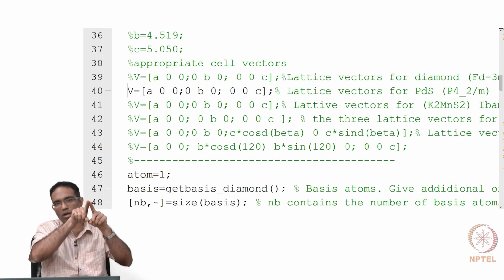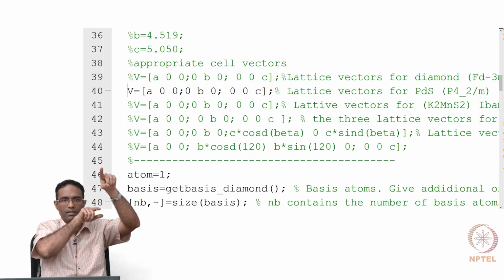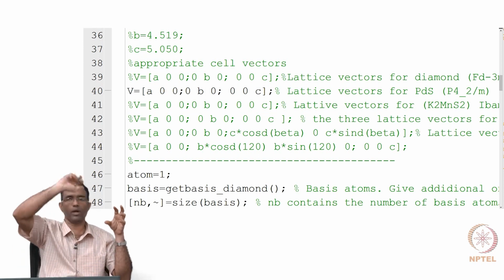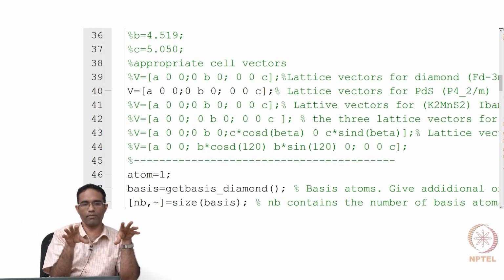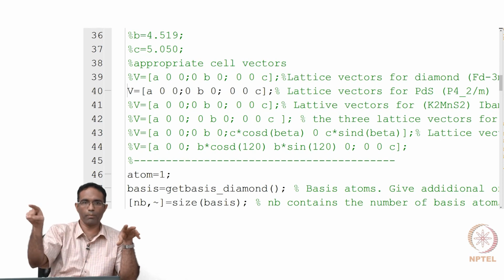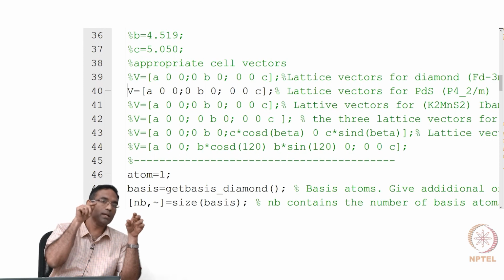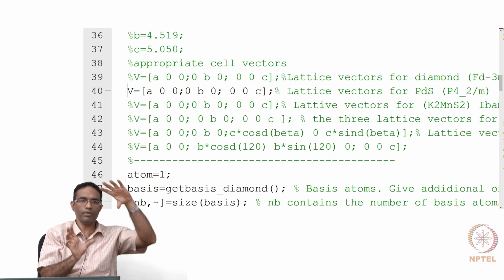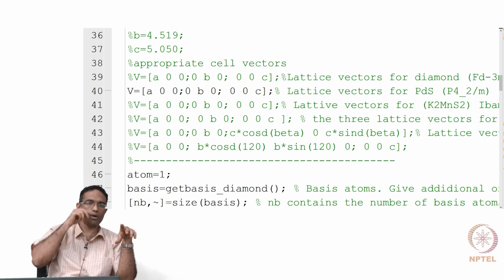I could draw this as c, this as a, and this as b, right? And you have to be careful to choose your x, y, and z fractional coordinates accordingly. Whenever you see in the International Tables a b vector pointing to the right, a vector pointing to the bottom, it automatically means that the c vector is pointing outside, which is the same as a horizontal, b vertical, and c pointing to the outside.